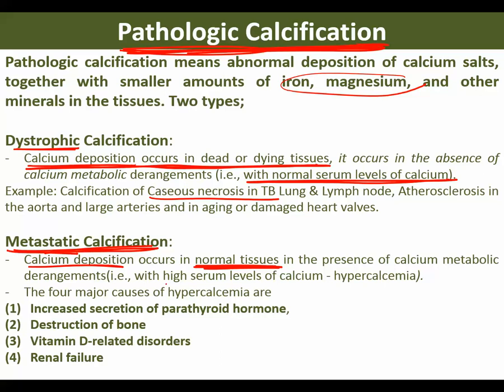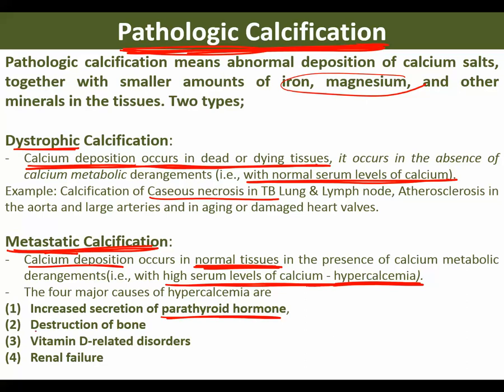Here the problem is in the calcium level. The calcium level is very high. It is hypercalcemia. For example, in a cancer patient, some cancer cells secrete more calcium, which increases the blood calcium level and leads to metastatic calcification. Or sometimes there will be increased parathyroid hormone; some cancer cells increase parathyroid-like hormone, which increases the calcium level.